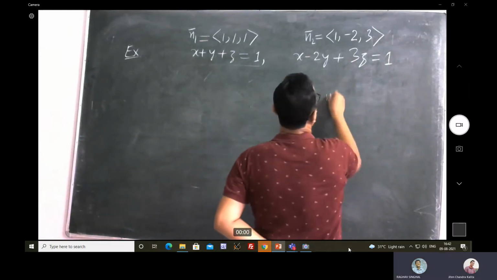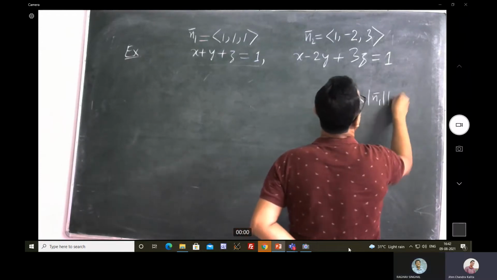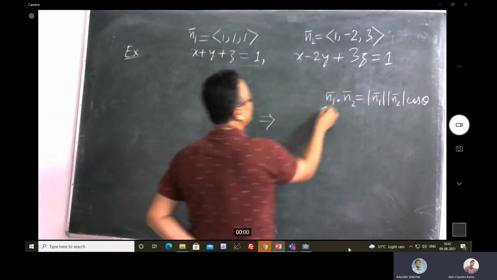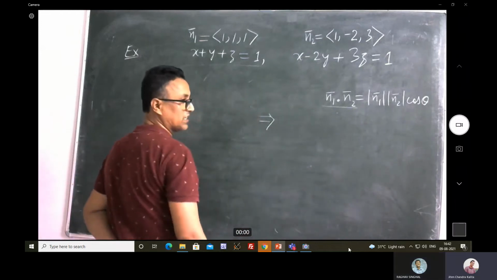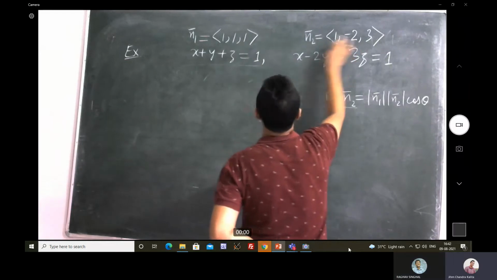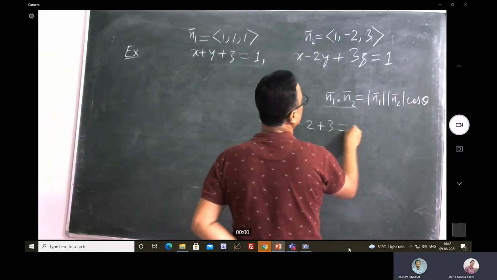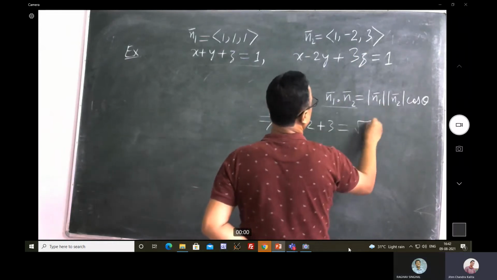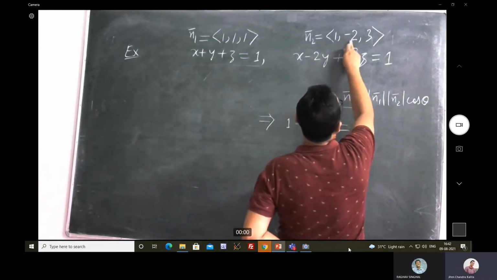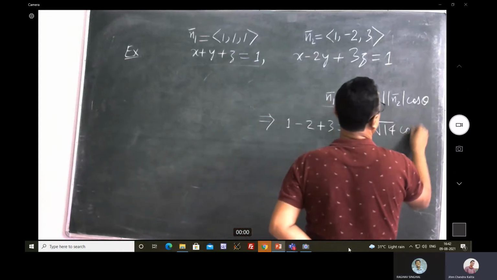So if I use the dot product formula, this is going to give me 1 into 1 plus 1 into minus 2 plus 1 into 3, that means 1 minus 2 plus 3, divided by square root of 1 square plus 1 square plus 1 square, that is square root 3, times square root of 1 plus 4 plus 9, that is 14. That gives cos theta.